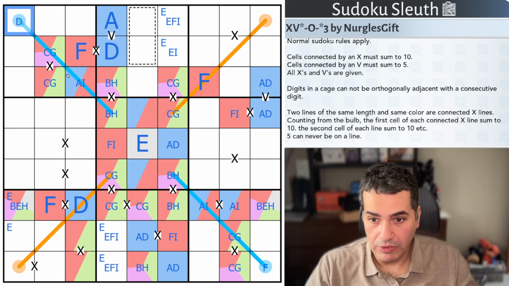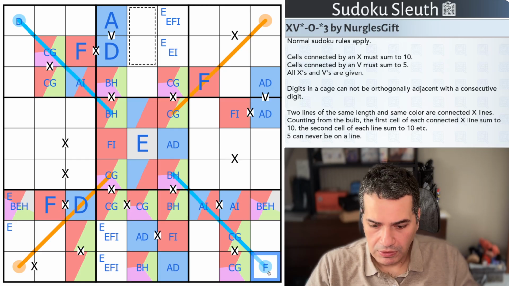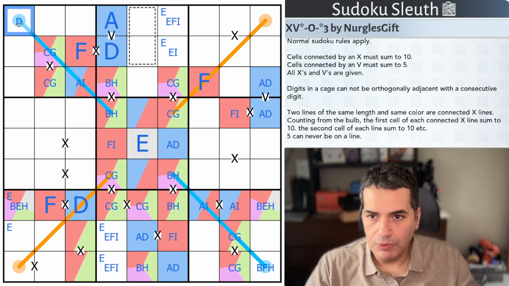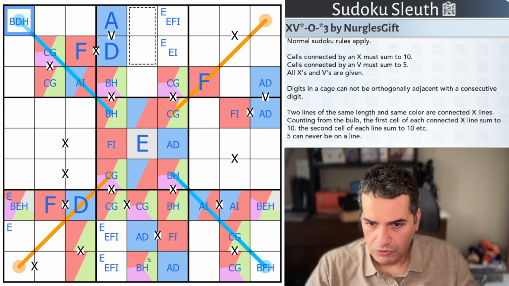I'm not seeing a problem with that at the moment. Of course, it could also be the non-purple B and H, and then the purple B and H, which seems to work. This is not purple. This is purple.